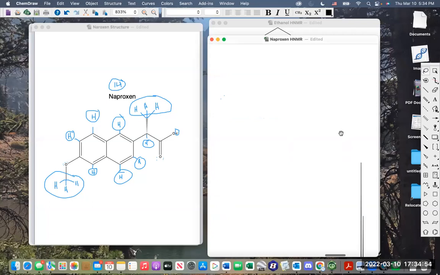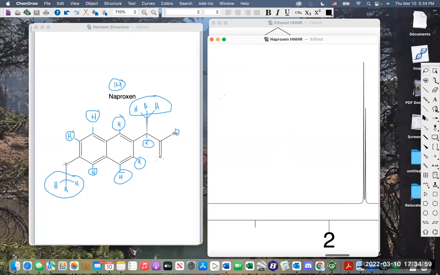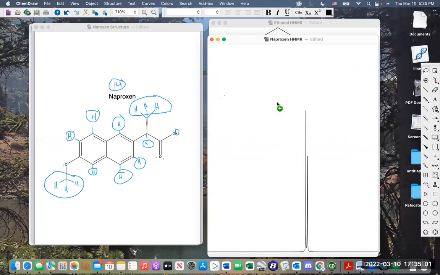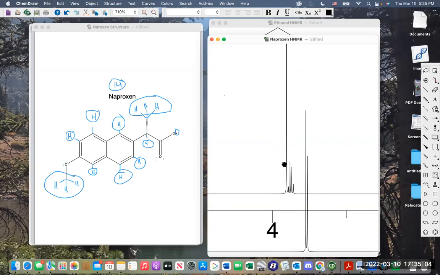It won't really let me zoom here, but there we go. That would actually represent each of these methyl groups. So it's 2 separate signals, because we have the quartet here. That would represent this hydrogen, and the quartet forms because of the hydrogens of this methyl group.